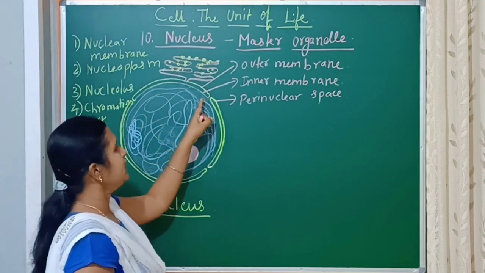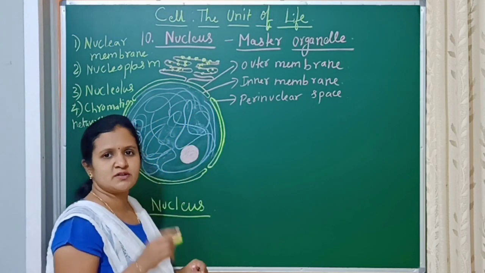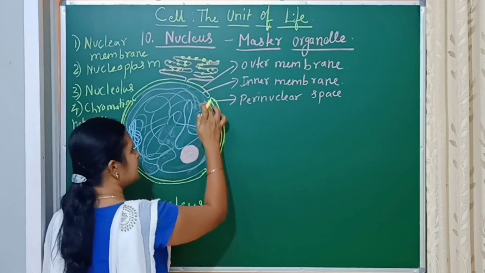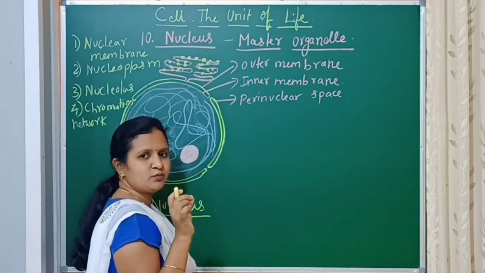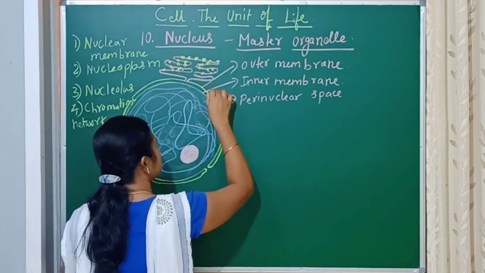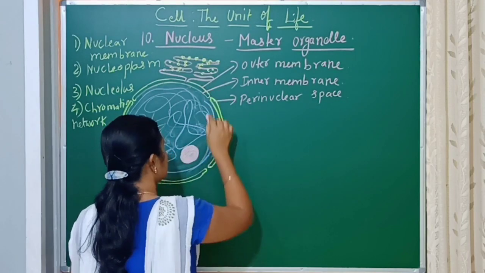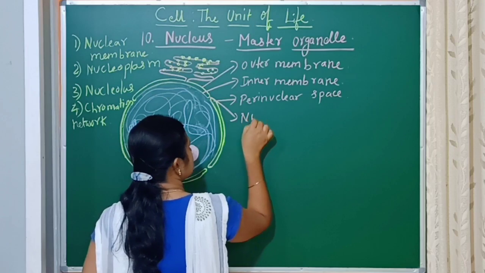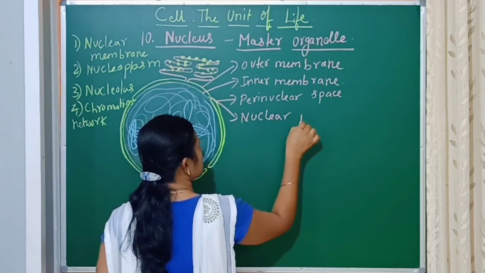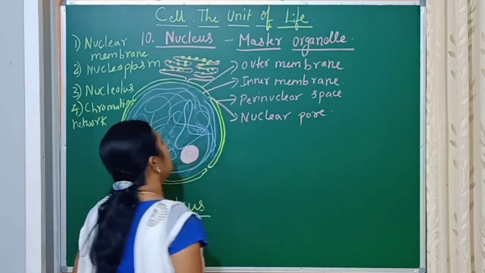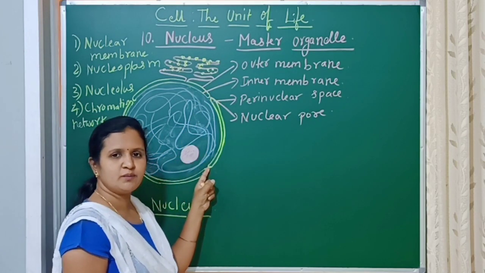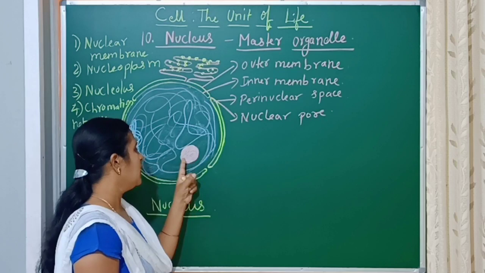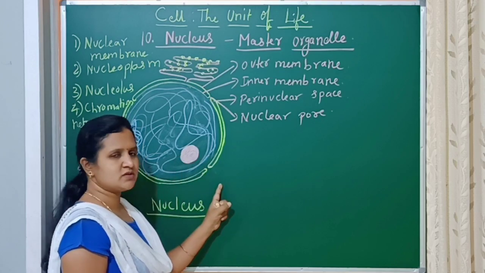The outer membrane and inner membrane are not continuous. At certain points they are cut and fused, and because of that a small space is present, which is called a nuclear pore. This nuclear pore allows molecules like RNA, proteins and enzymes to move inside and outside the nucleus.